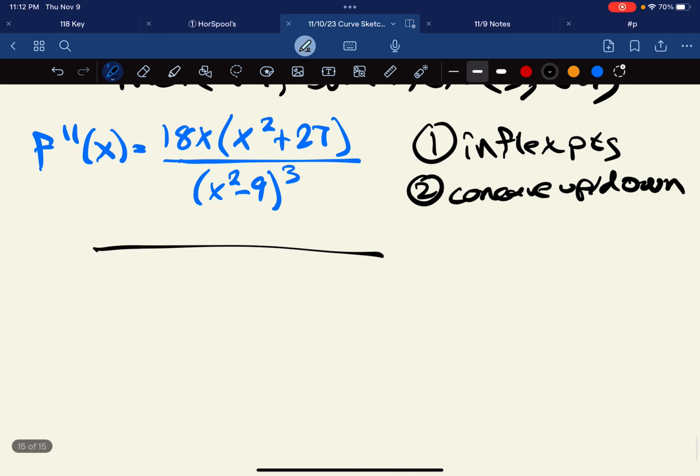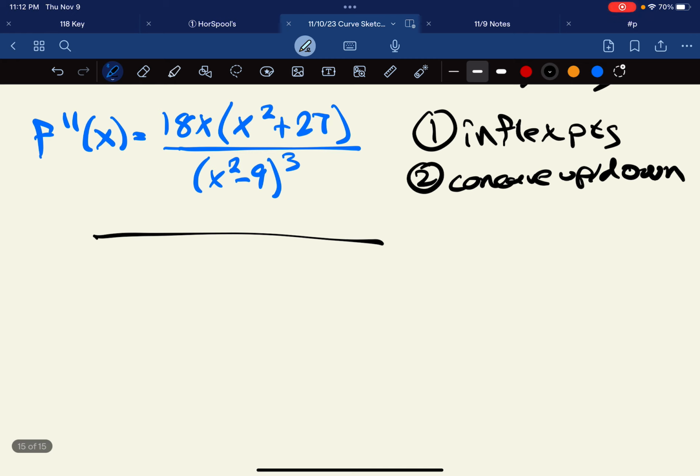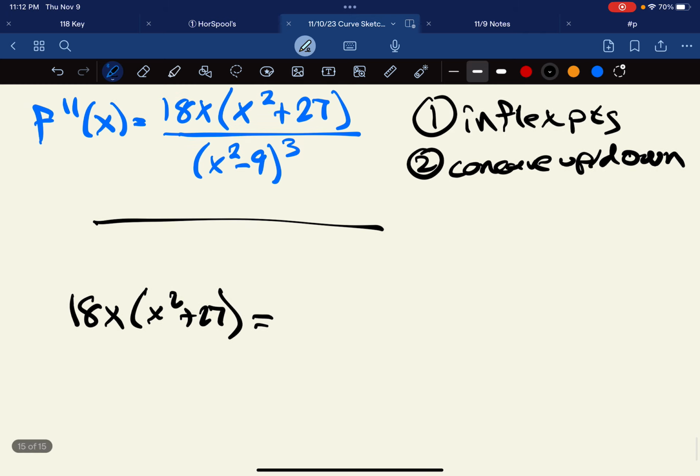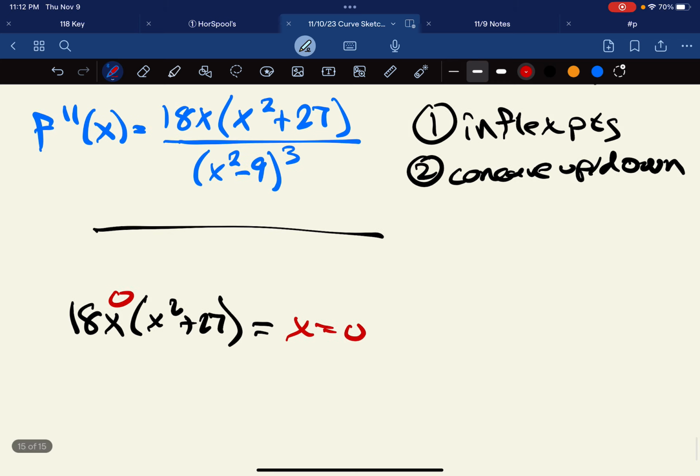Kind of similar to our first derivative, we start by setting our numerator equal to 0 to get our critical points there. And we can see that if we plug in 0, we get 1. This can never be negative, right? Because if we plug in a negative 1, that becomes a positive 1.